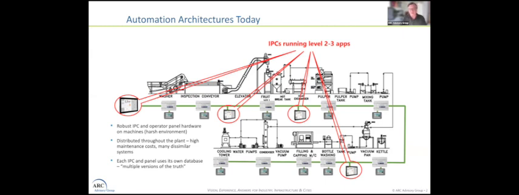This is classic. This sort of architecture results from the fact that each of these pieces of equipment might be delivered by a different equipment provider, a different company, maybe located in a completely different country.